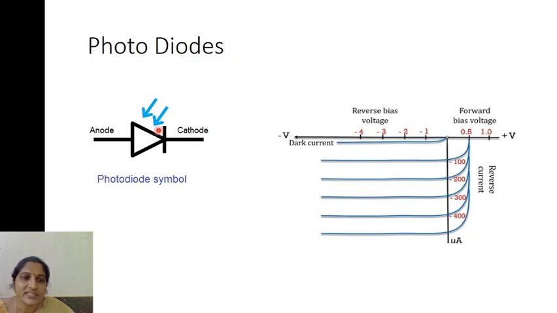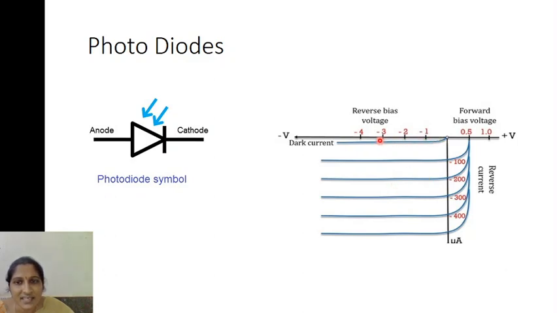In general, a photodiode is a diode which has an anode and cathode. When light falls on this diode, it becomes a photodiode. That means when light falls on this diode, it conducts in the reverse bias direction. Here, for a diode, the reverse bias characteristics will be like this.